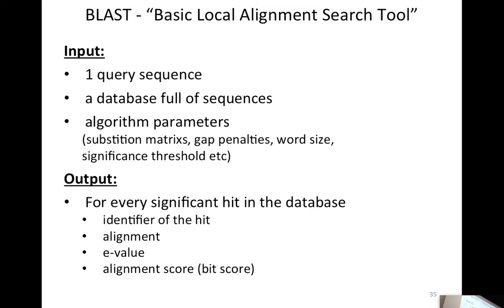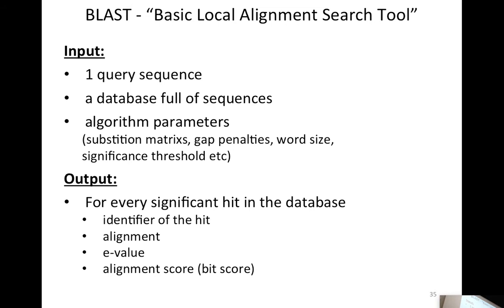Then for the outputs, you actually get a lot of hits, and hits are high scoring regions or fragment pairs from your database. So a fragment that scores highly gives a high score for the alignment between your query sequence and a hit in the database. You get the alignment back, and you get a bit score back, which is very similar to a slightly normalized form of the alignment score we just generated.